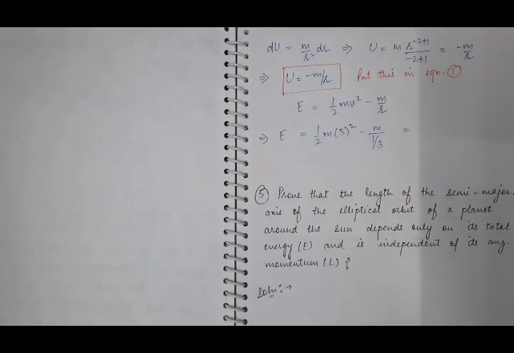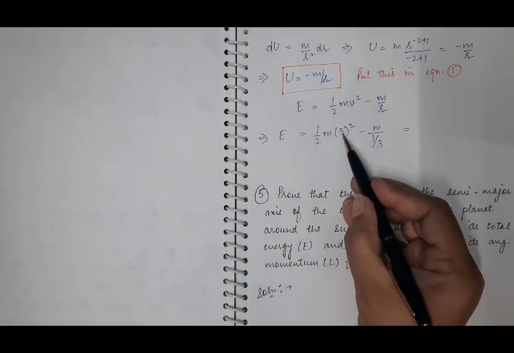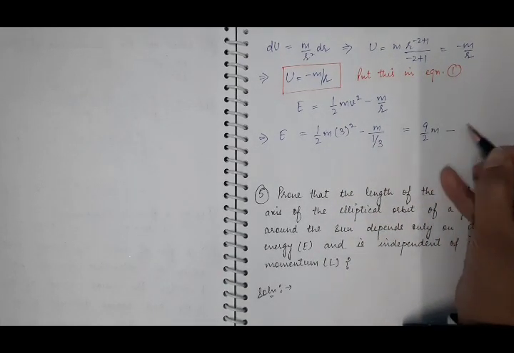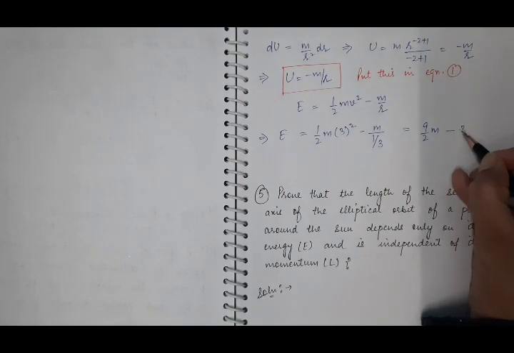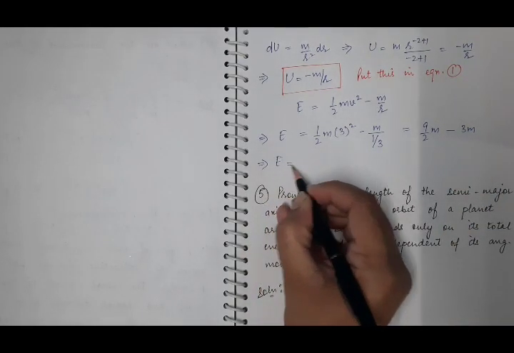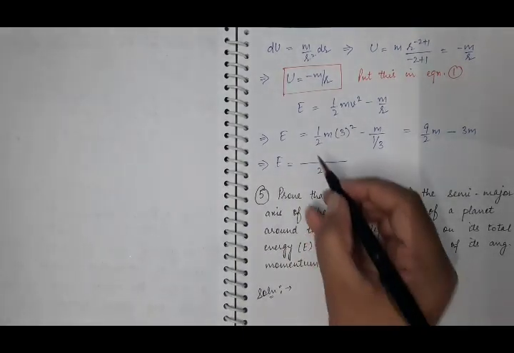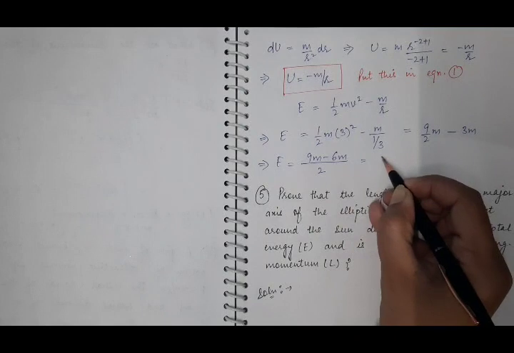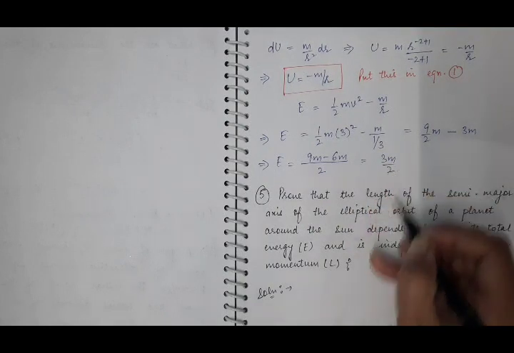Solve this. 3 square will be 9. So 9 by 2 m minus 3m. Take the LCM, it will be 2. So we have 9m minus 6m, so we have 3m by 2.